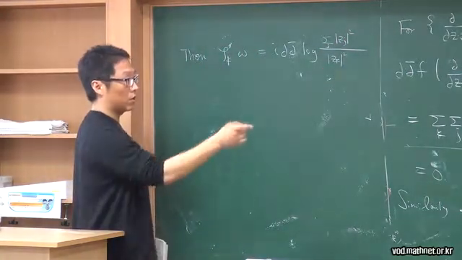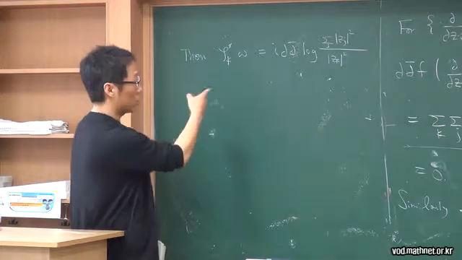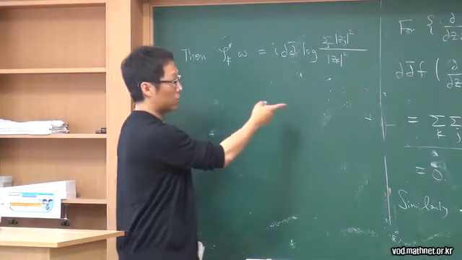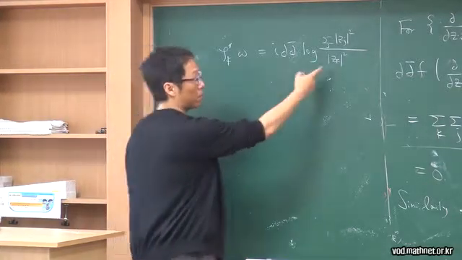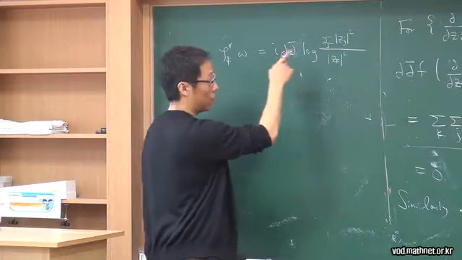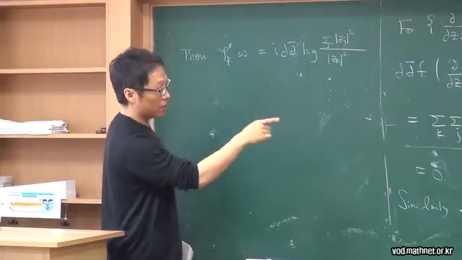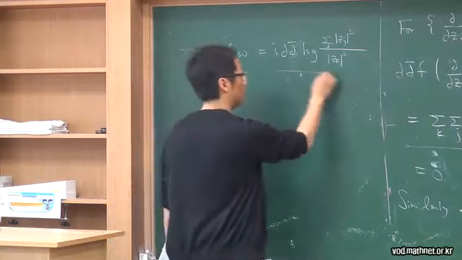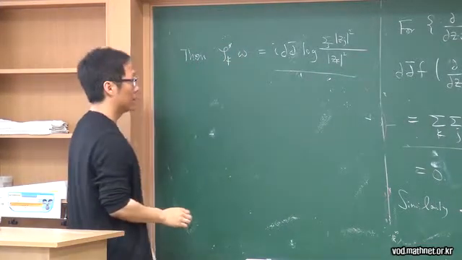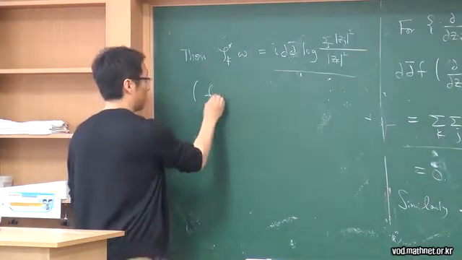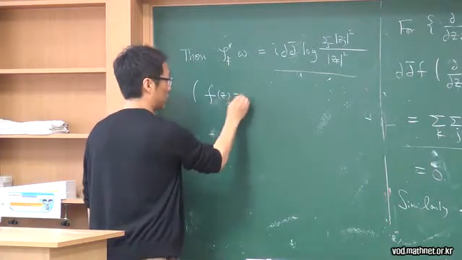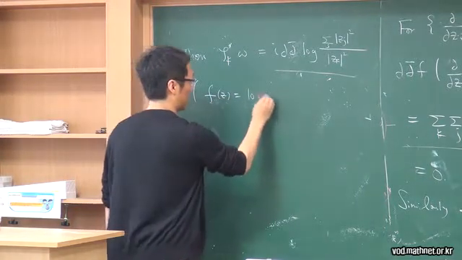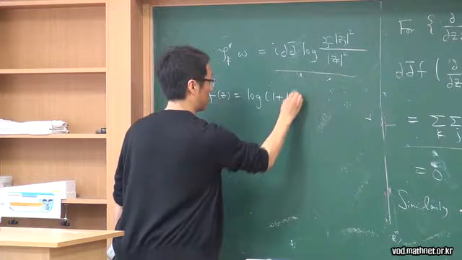So it is quite easy, because the pullback is just you put Zk over Zj, Zk over F. It is exactly the same as this one. So what I mean is f(z) equals log(1 plus z squared).